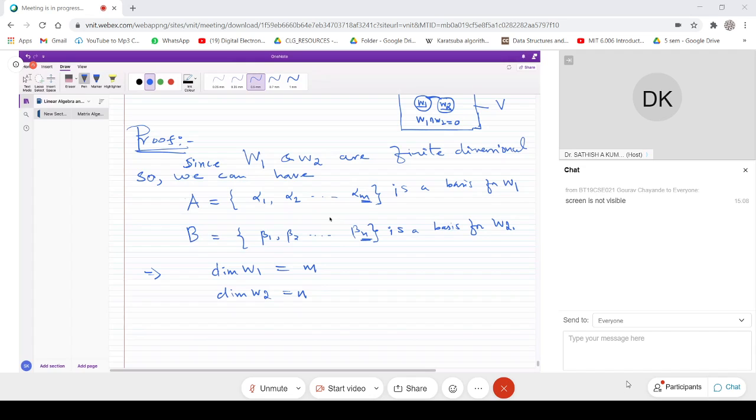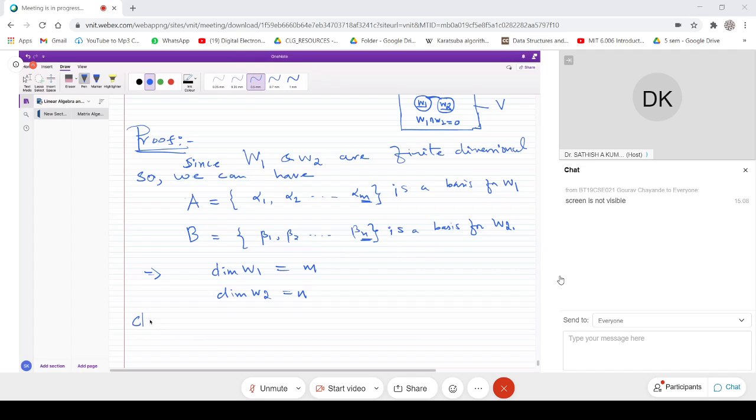These two are finite, so I can fix any number. So there are m entries in W1 and n entries in W2. Therefore, the dimension of W1 is m and of W2 is n. This is true because W1 and W2 are finite dimensional.